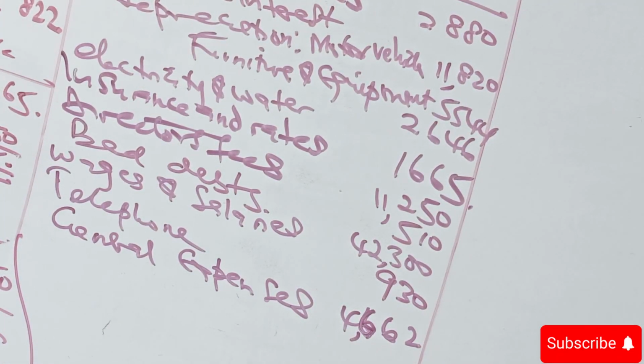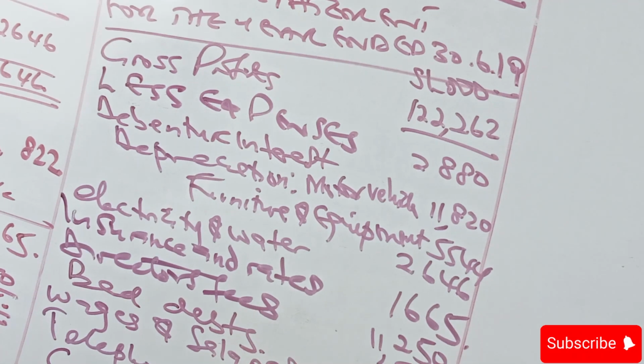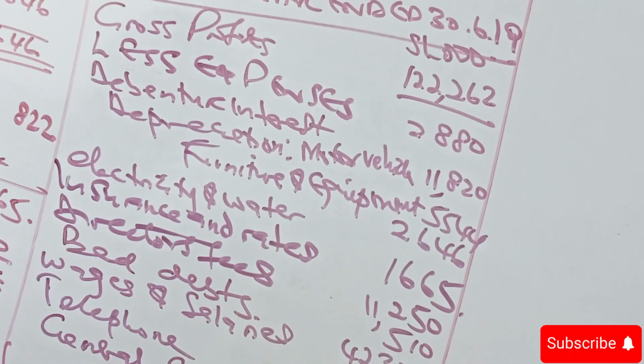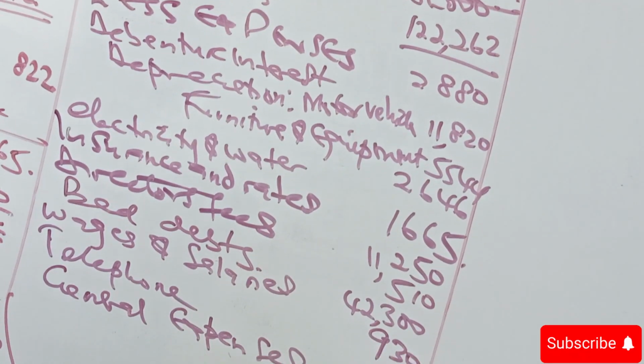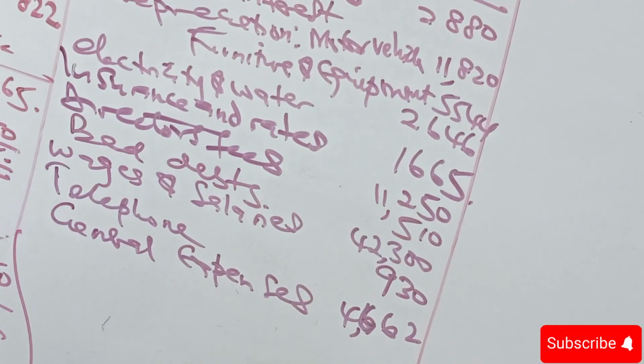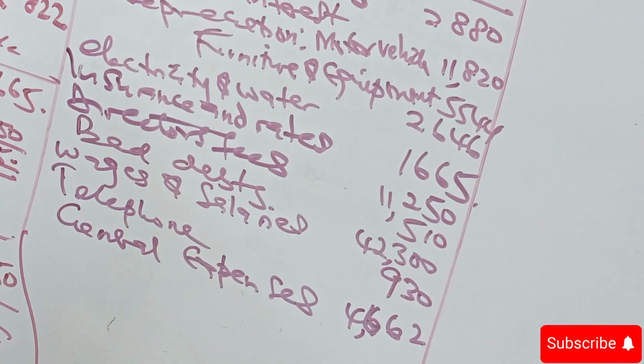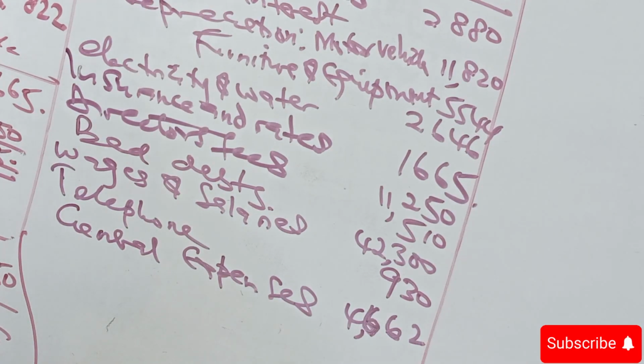So if we now add all our expenses together, 2880 plus 11,820 plus 5544 plus 2646 plus 1665 plus 11,250 plus 510 plus 42,300 plus 930 plus 4662, we get a figure.